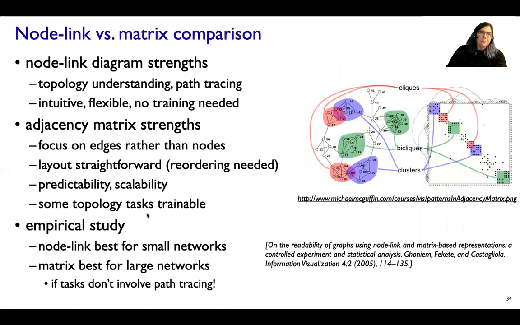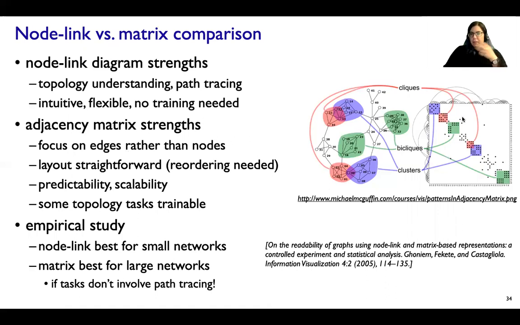And so node-link diagrams are very easy to understand. They're great for path tracing and a lot of topological tasks. People don't typically need to be trained because they're quite intuitive. Now, the good thing about an adjacency matrix is that you're really focused much more on the edges than on the nodes.